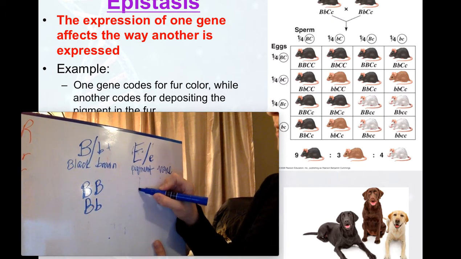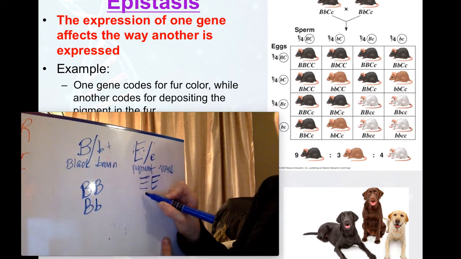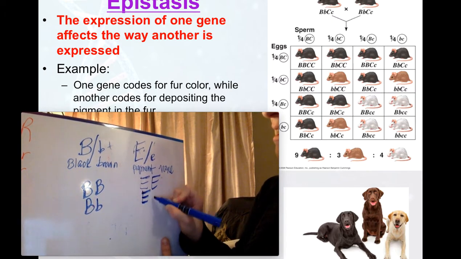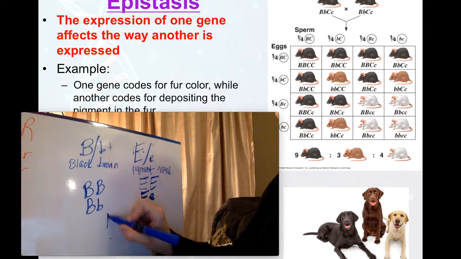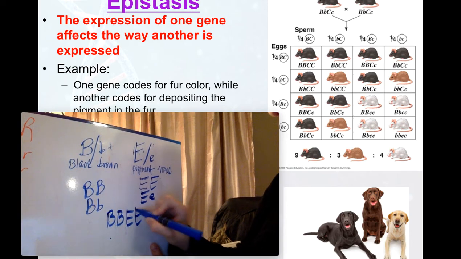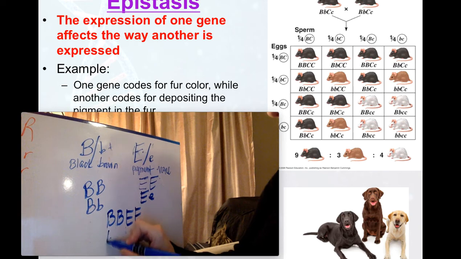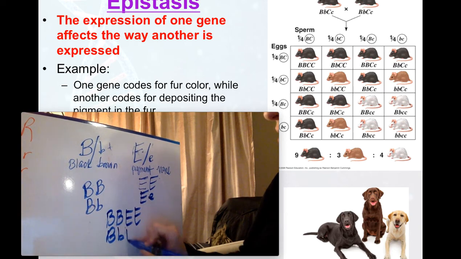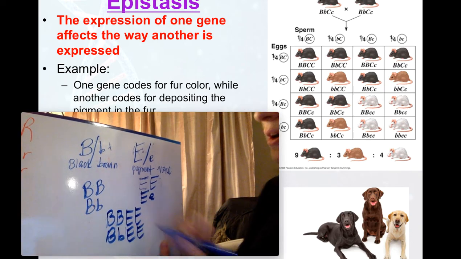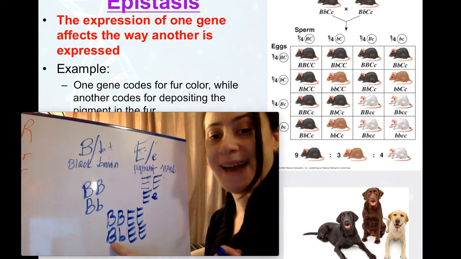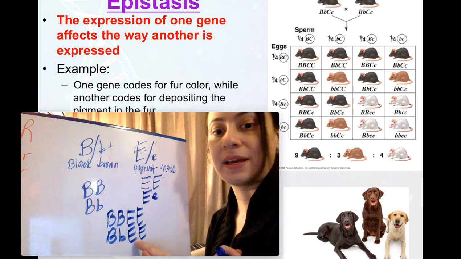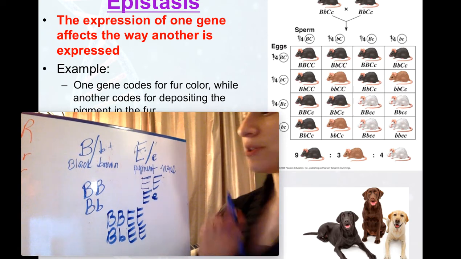Pigment production correlates with the genotypes big E, big E, or big E, little e. If we have a genotype like this, that would still correlate with a black lab, because the big B codes for the black color, and the big E codes for the fact that the pigment is produced.